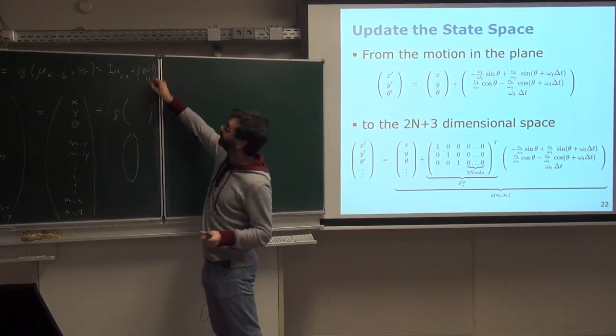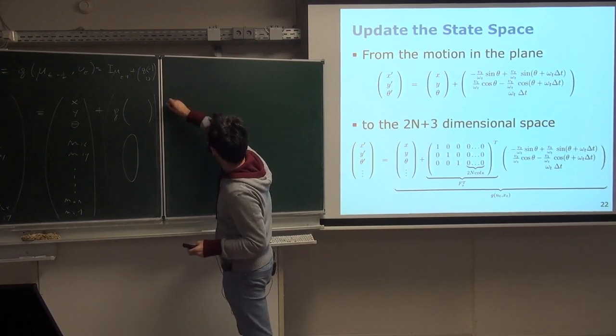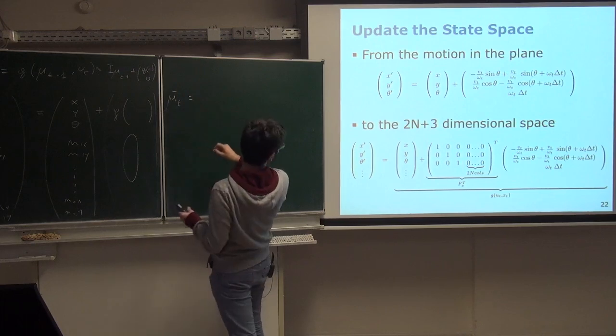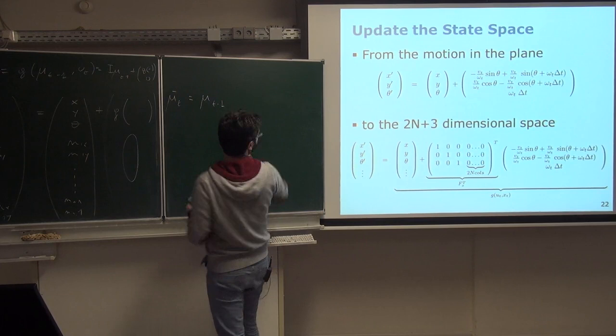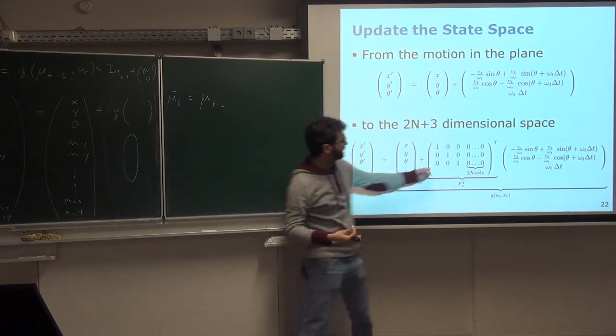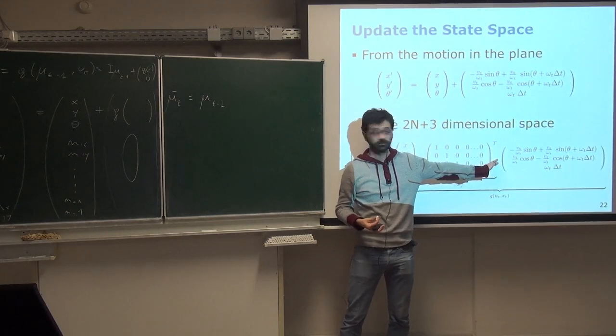And if you look at what the book does, we have mu at t equal to mu at t minus 1 plus F transpose G. F is made by an identity here and a lot of zeros, and then it transposes it.